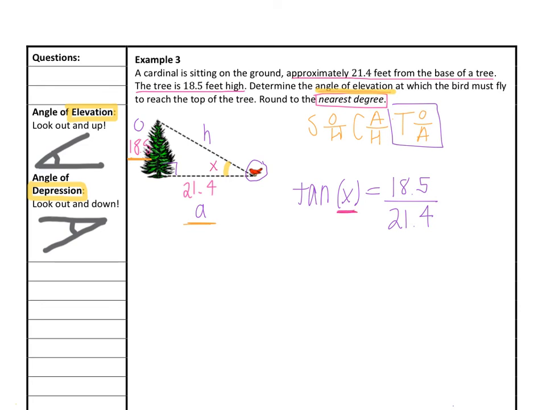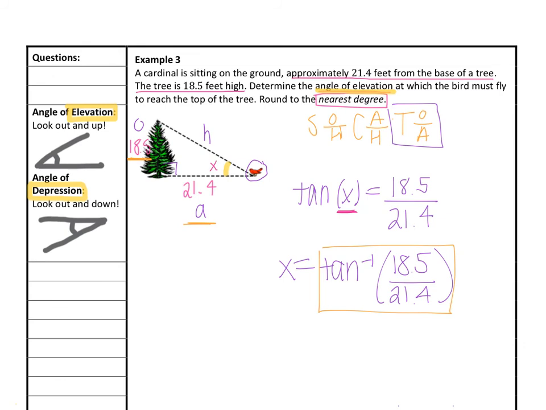So in order to get X by itself, I have to do the opposite of tan, which is tan inverse of 18.5 over 21.4. That you're going to type right into your calculator. And when we do, we're going to get 40.84295.